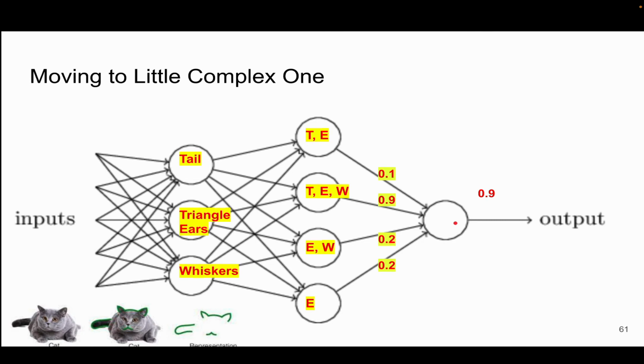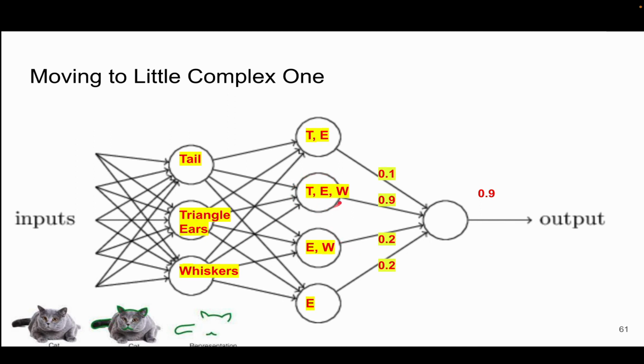Now we will try to give some weightage to the combined features as well. If tail and ears are present, we multiply by 0.1. If tail, ears, and whiskers are present, we multiply by 0.9, and ears and whiskers is 0.2, and only ears is again 0.2. Let's take an example.